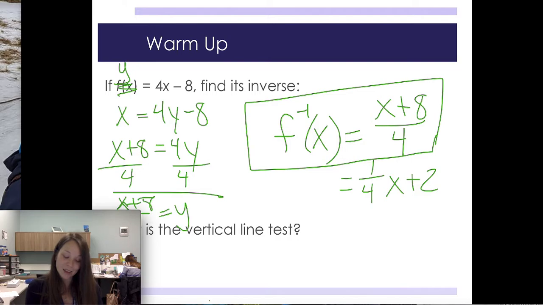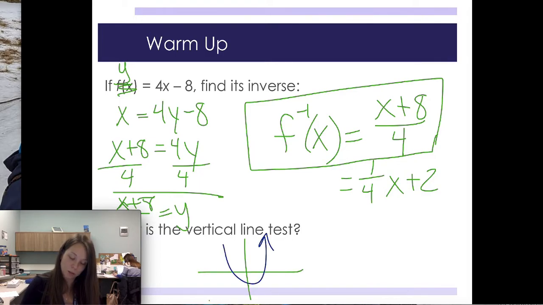The last thing on the warm-up says, what is the vertical line test? So remember, the vertical line test is what determines if the picture of a graph is representing a function. So for example, if I have this picture here, a parabola, and I start drawing vertical lines through my parabola, if it only ever crosses one point in my function, then that means the picture of this graph represents a function.